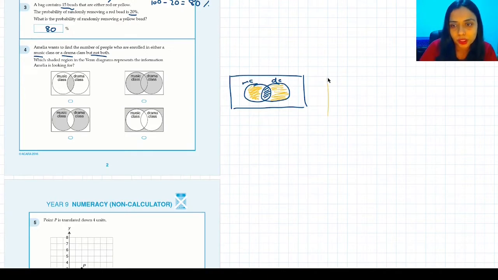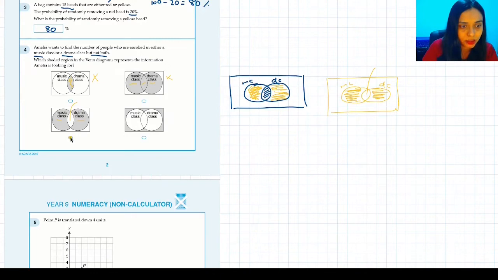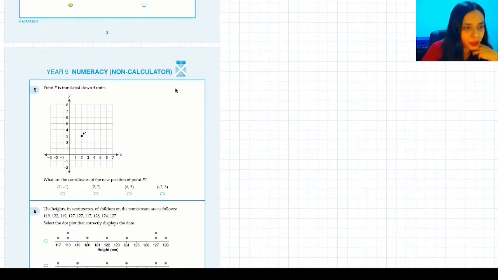So what we are looking for is a Venn diagram that has this part shaded in and this part shaded in, but not the middle part, because the middle part represents people enrolled in both the classes. So that's our answer.